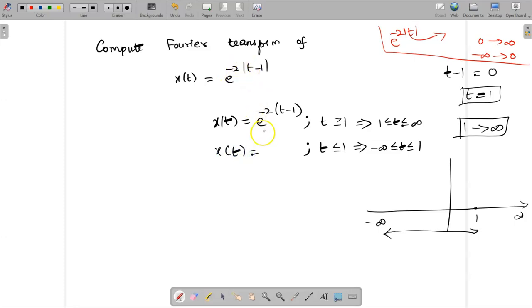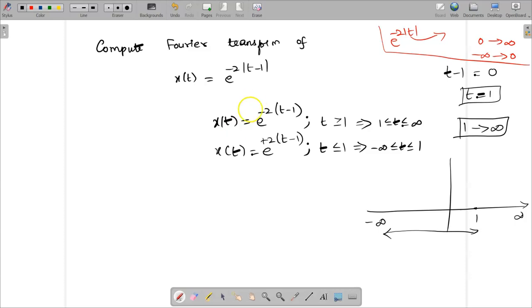Instead of minus we have to consider plus 2 of t minus 1. So for positive limits there won't be any change, e power minus 2 of t minus 1. For negative limits, minus will become plus, so it is e power plus 2 of t minus 1.